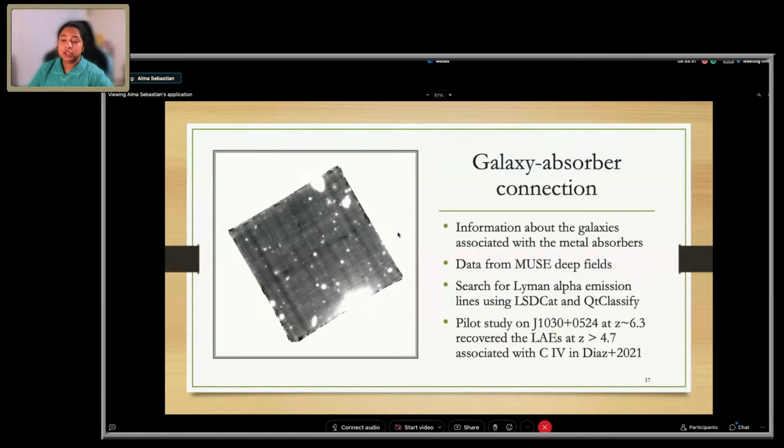We did an initial study on the archival data cube J1030 at redshift 6.3, and we were able to recover all the LAEs associated with carbon-4 that were detected in Diaz et al. 2021. So please stay tuned for more results on the galaxy-absorber connections.